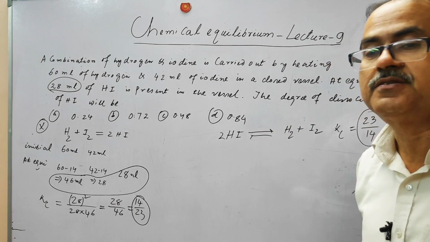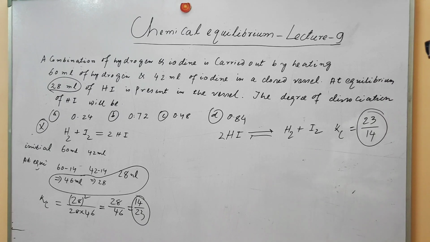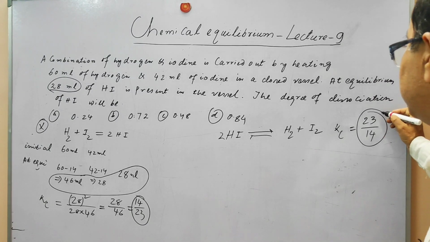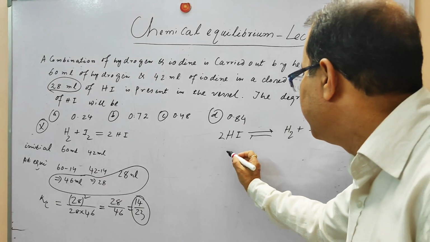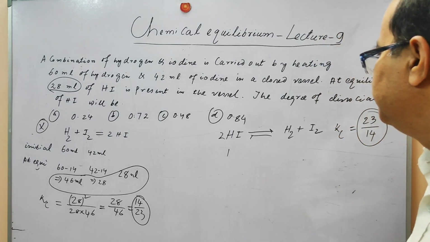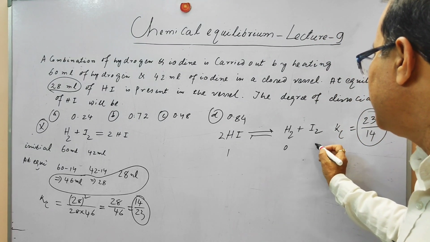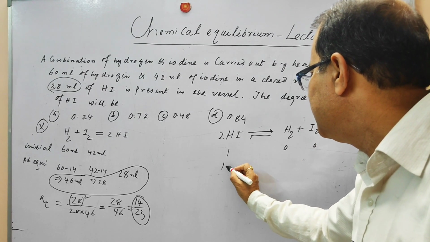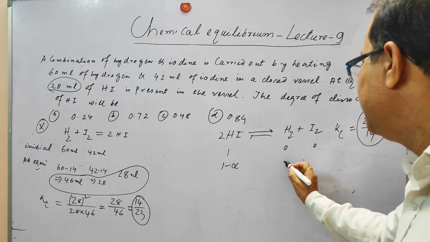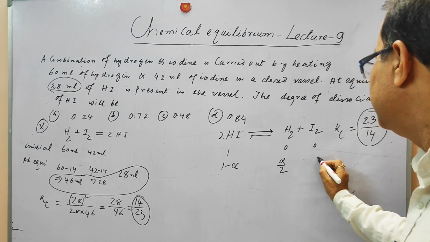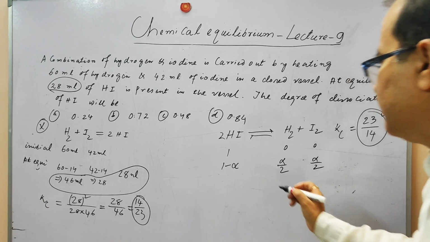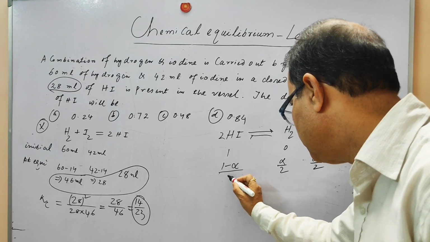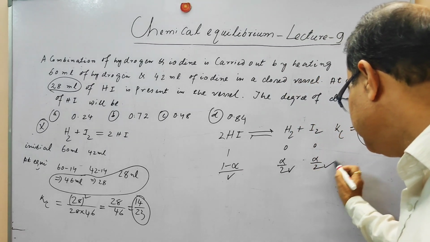That we have already discussed when we were discussing the characteristics of the equilibrium constant. Suppose we have taken 1 mole, and 0 and 0. Suppose degree of dissociation is alpha, so this will be alpha by 2, alpha by 2. And we have taken the volume V, suppose, then the concentrations are over V.